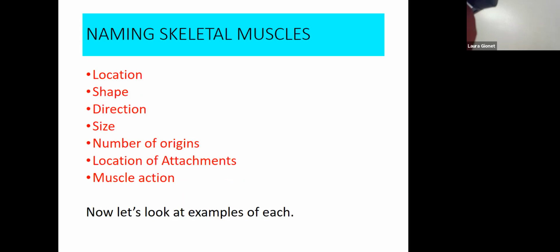Okay, naming of skeletal muscles. And this is very handy to understand. It's like when we looked at the bones and features on bones, and we talked about what it means to be a point of attachment, maybe a tubercle, or tuberosity, a line, a trochanter.